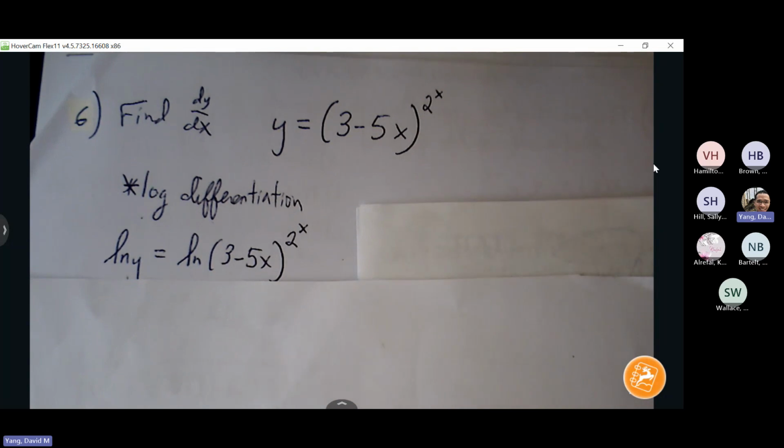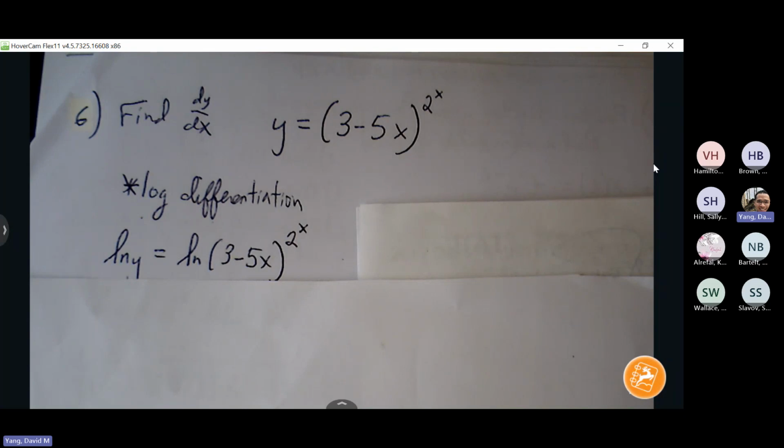What was the giveaway that this was log differentiation? The giveaway is if you have this form here: a variable raised to a variable.